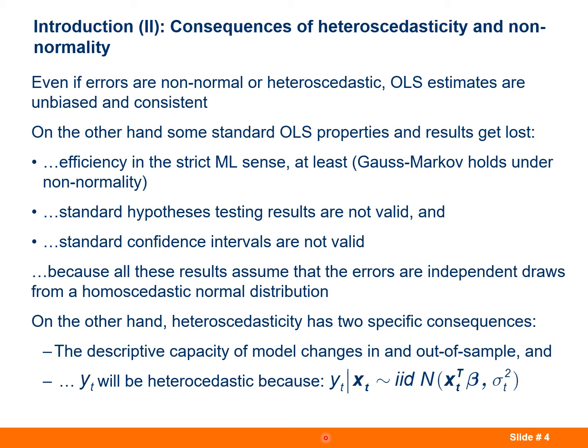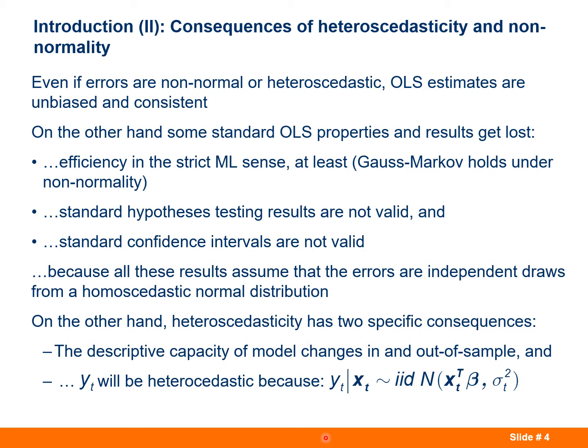Last, heteroskedasticity has two specific consequences. First of all, the variance of your errors changes. This means that when you will be forecasting, using your model to compute forecasts, sometimes your forecast will be very good and sometimes your forecast will be very bad because the variance of the error will change. Second, if the errors are heteroskedastic, you expect Y_t to be heteroskedastic too.